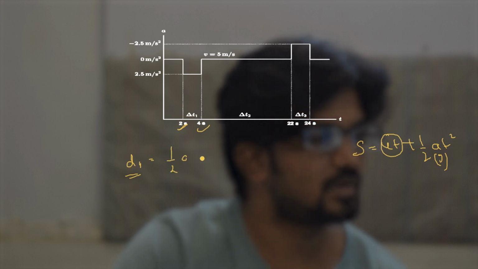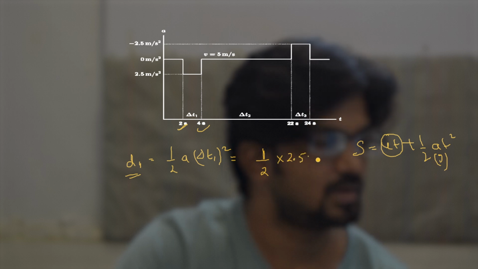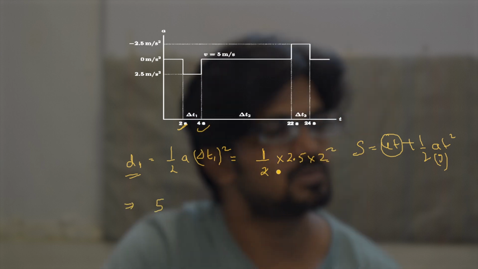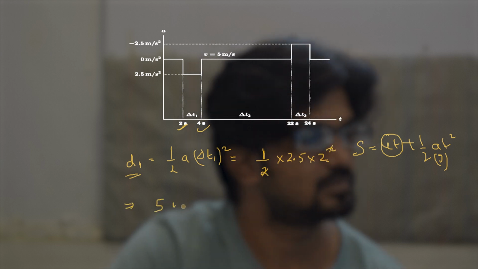Half of a times delta t1 squared comes out to be half of 2.5 multiplied by 2 squared. This results in nothing but the 5 meter distance that d1 covered.